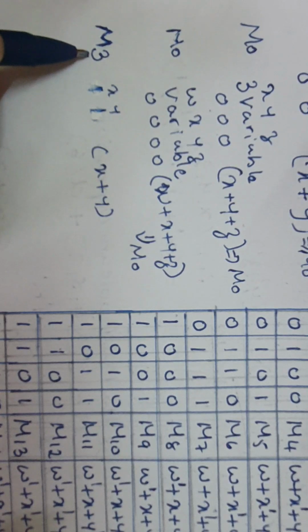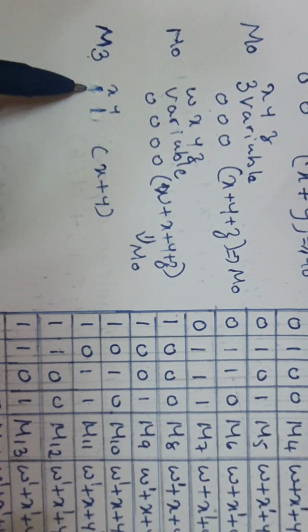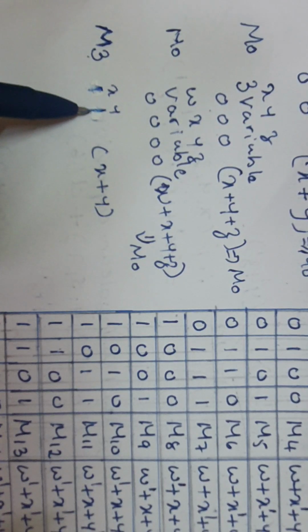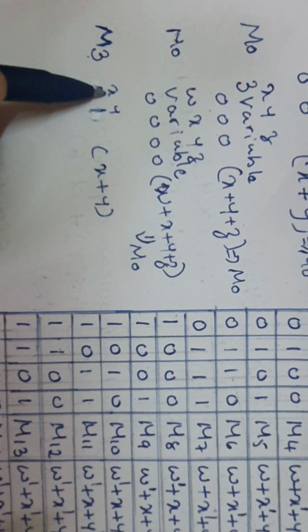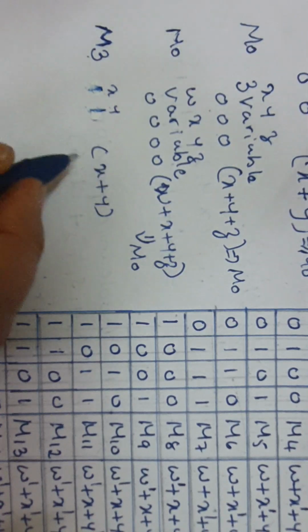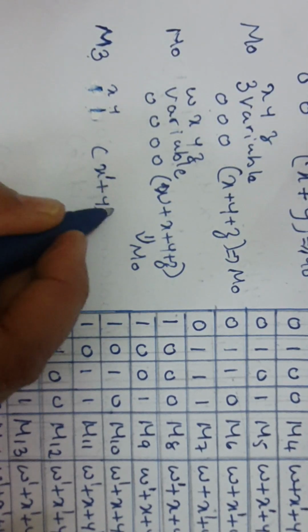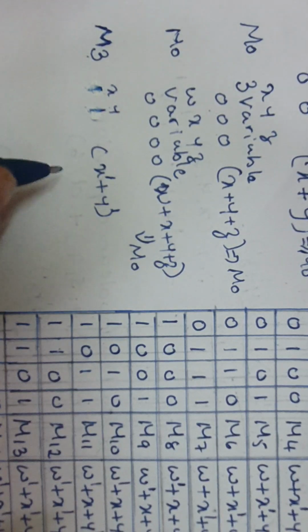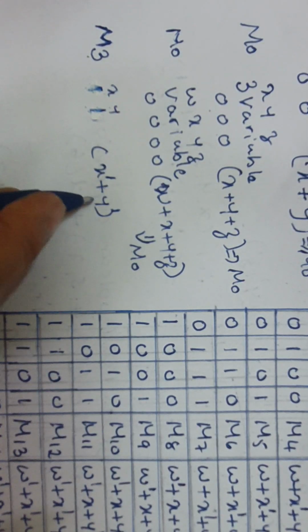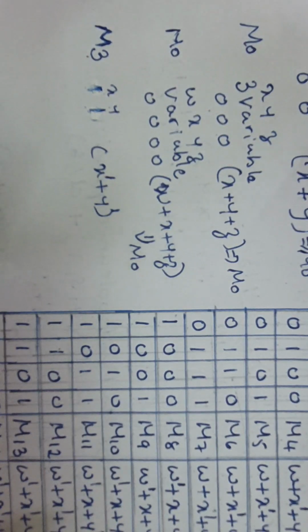Max term 3. So in a 2 variable system, if you write this 3, it is written as 1, 1. If we take input variables as x, y, then because they are 1, 1, they will be written as x dash, y dash. So x dash plus y dash represents max term M3 in a 2 variable system.